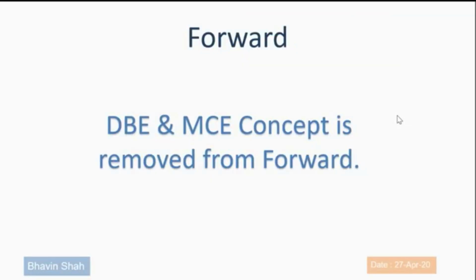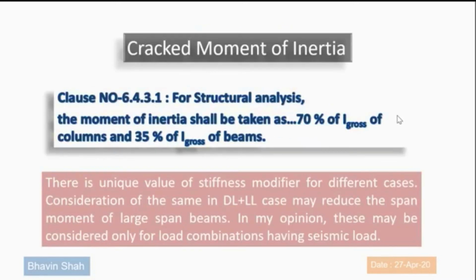Firstly, as we have discussed, the DBE and MCE concept is now removed from the foreword in Part 1. Now, in Part 1, clause 6.4.3.1, the stiffness modifier factors are mentioned, and only a unique value of stiffness modifier factor for different cases is suggested. In my opinion, these factors should be considered only for the seismic load case.